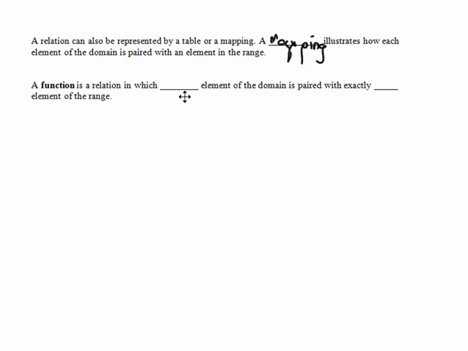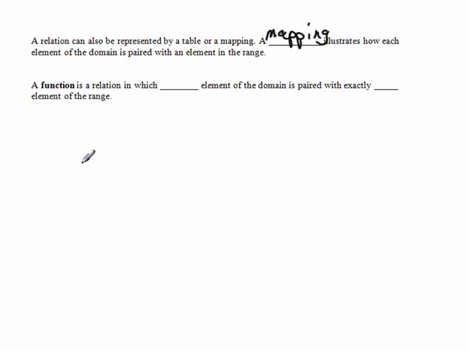Boy, I did a really bad job with that. A relation can also be represented by a table or a mapping. A mapping illustrates how each element of the domain is paired with an element in the range. Now, that would look like the little red lines going from domain to range. We're going to look at those in a minute.